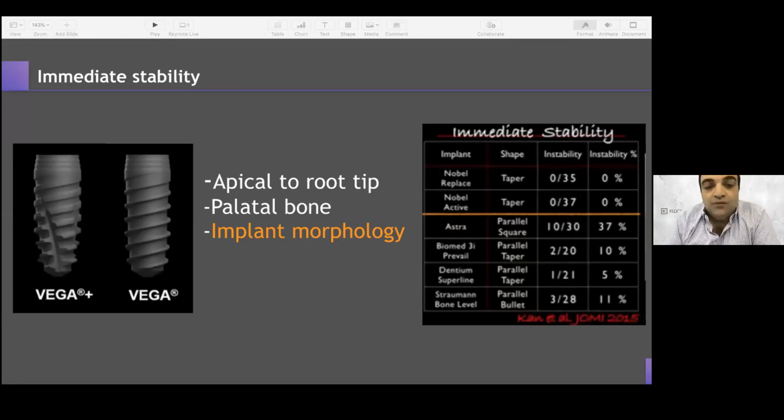All studies showed that it's better when we use a tapered implant, we have better stability. But still, when we are using a parallel shaped implant, we have good stability, and it's not contraindicated to use a parallel shaped implant. And we were using the Vega implant before having the Vega Plus with nice stability and with high success rate.